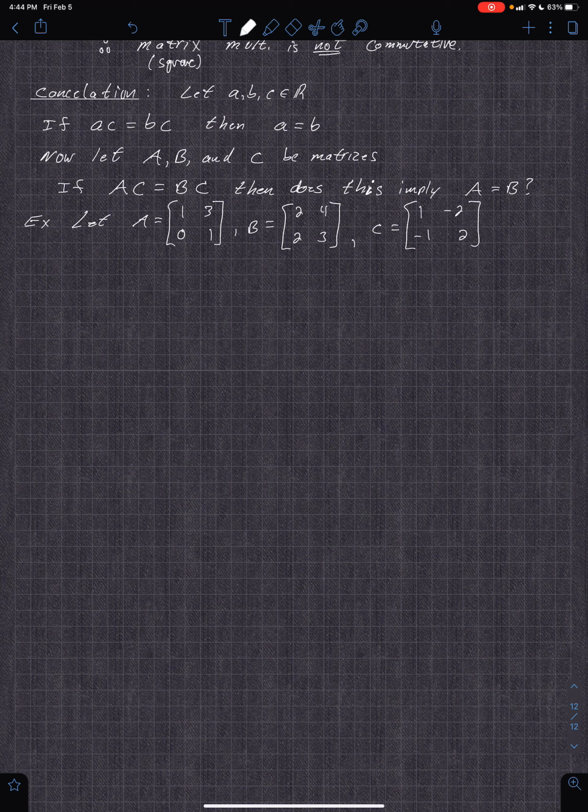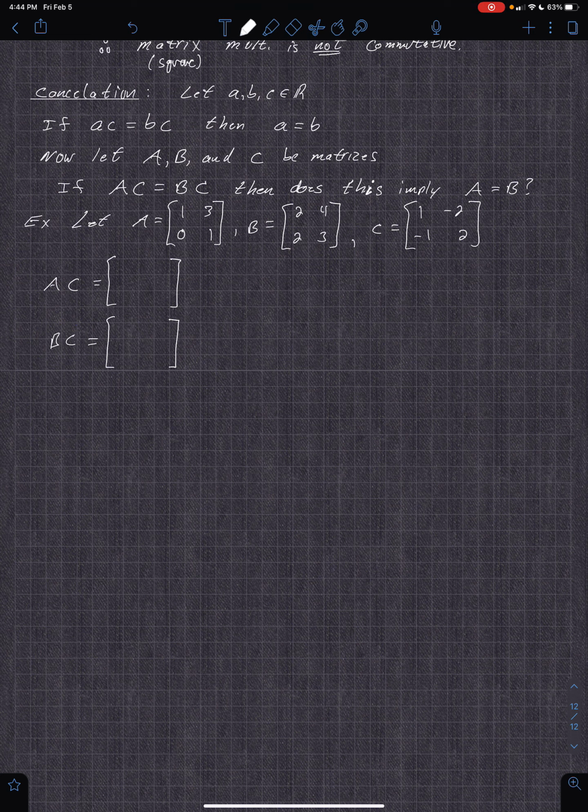Then let's calculate the first part. Let's calculate A times C. And let's calculate B times C. Do that either on a calculator, now's maybe a good time, or a computer package on your phone or something. Doesn't really matter.